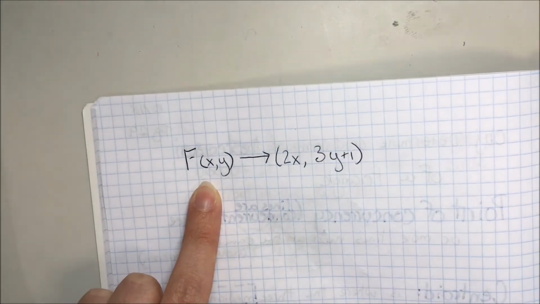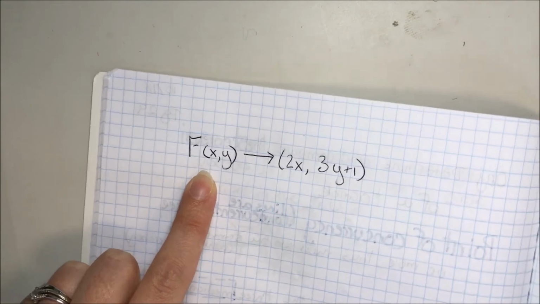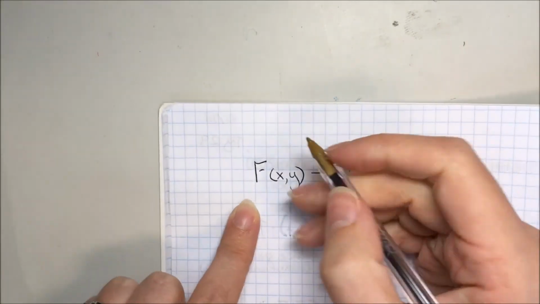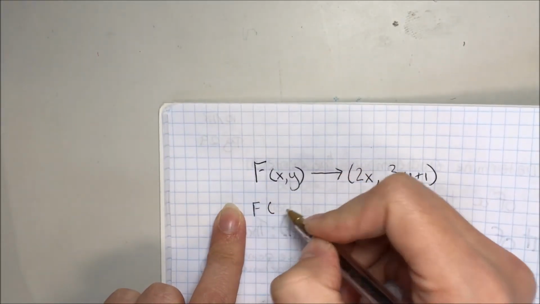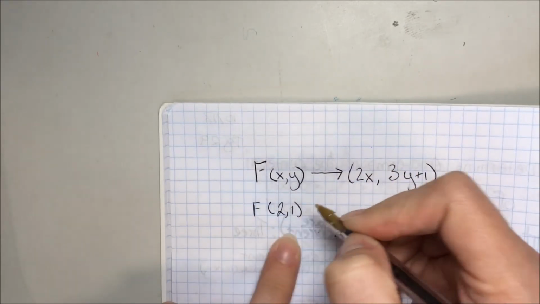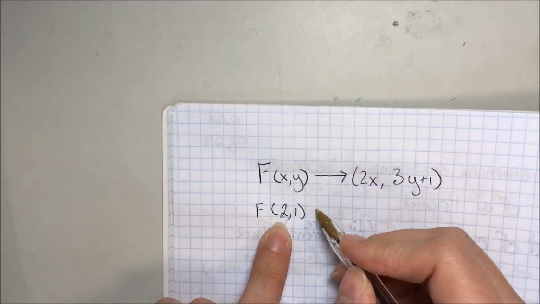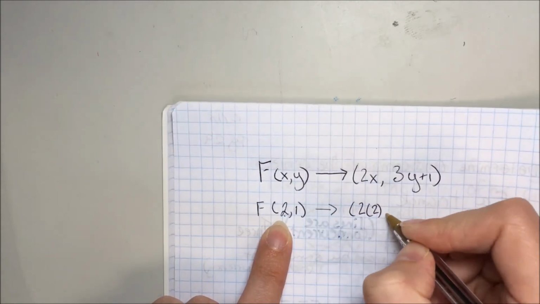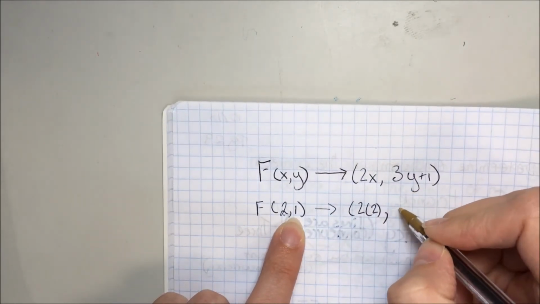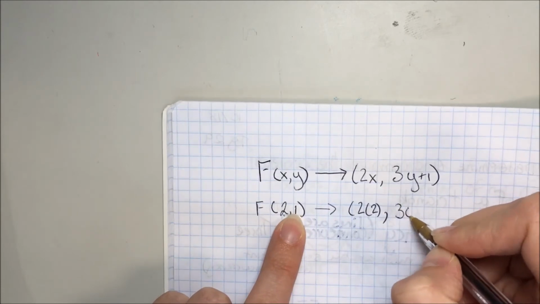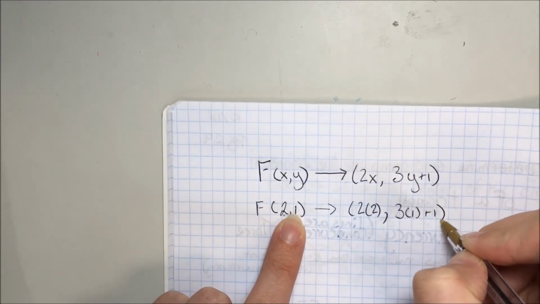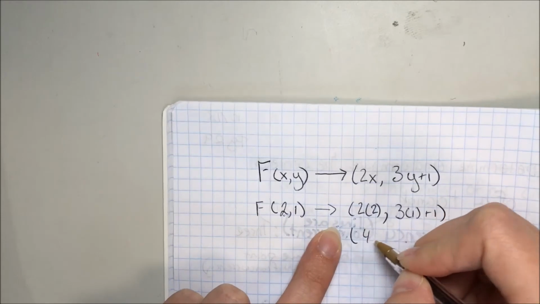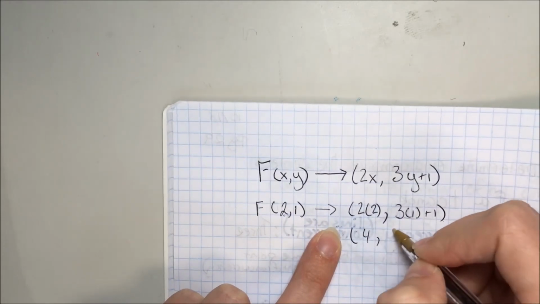Okay. So if I wanted to do this, let's say I was doing f of 2, comma 1. Well, whenever I saw an x, I'd put in a 2. And wherever I saw a y, I'd put in a 1. So this coordinate would now be 4, comma 4.